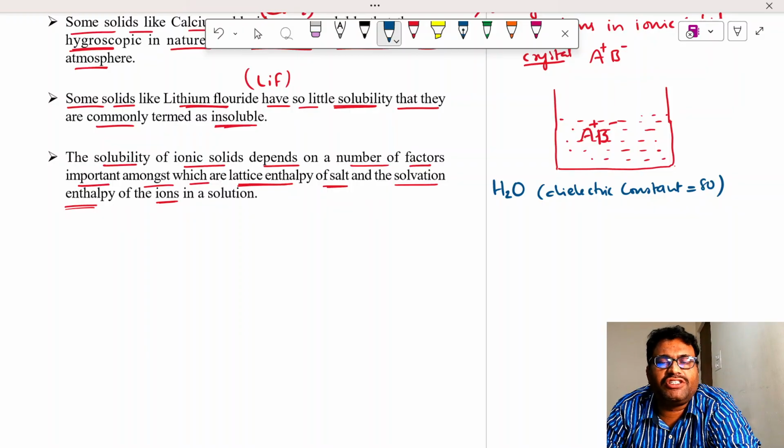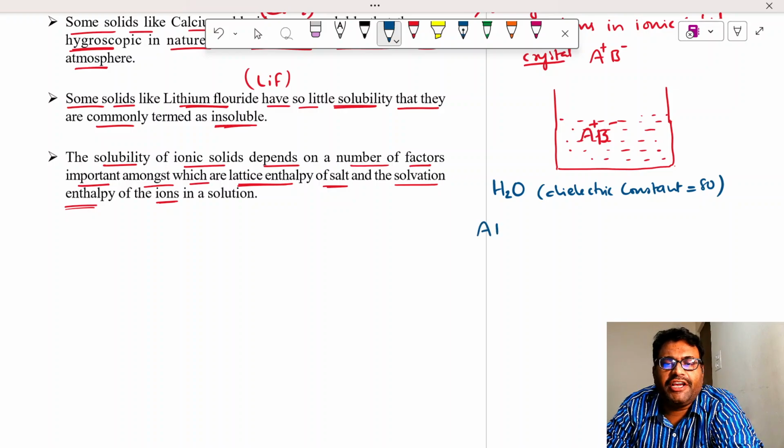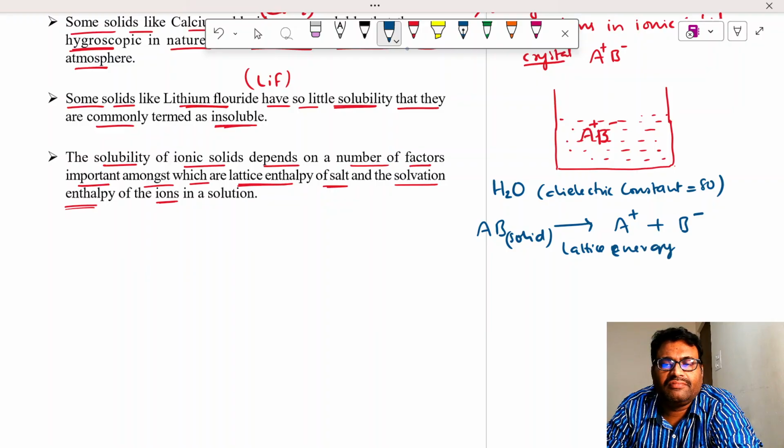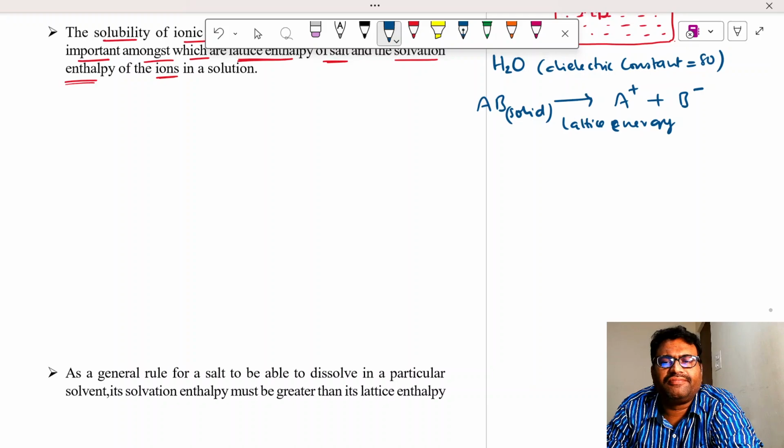So the first step is that the solid AB breaks into ions, A plus and B minus. To break it into ions, some energy is absorbed, and that is called lattice energy. We call it lattice enthalpy also.